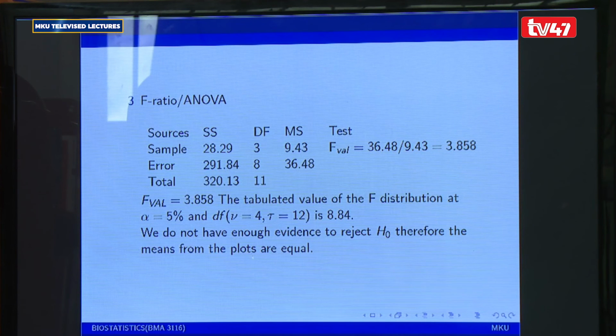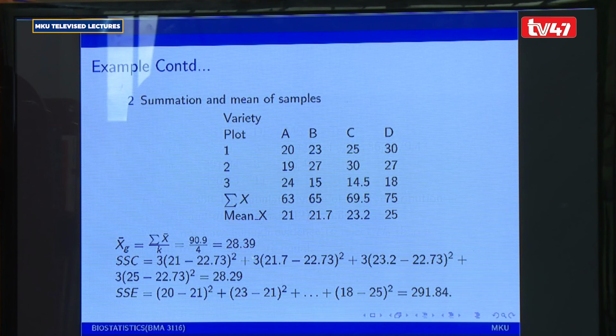The degrees of freedom, remember we had 4 types of maize, so that will make 4 minus 1, which is 3. Then the degrees of freedom for the error, we said, is the total number of observations minus the number of samples we had. The total number of observations, we had four varieties of maize, and we had 12 plots.